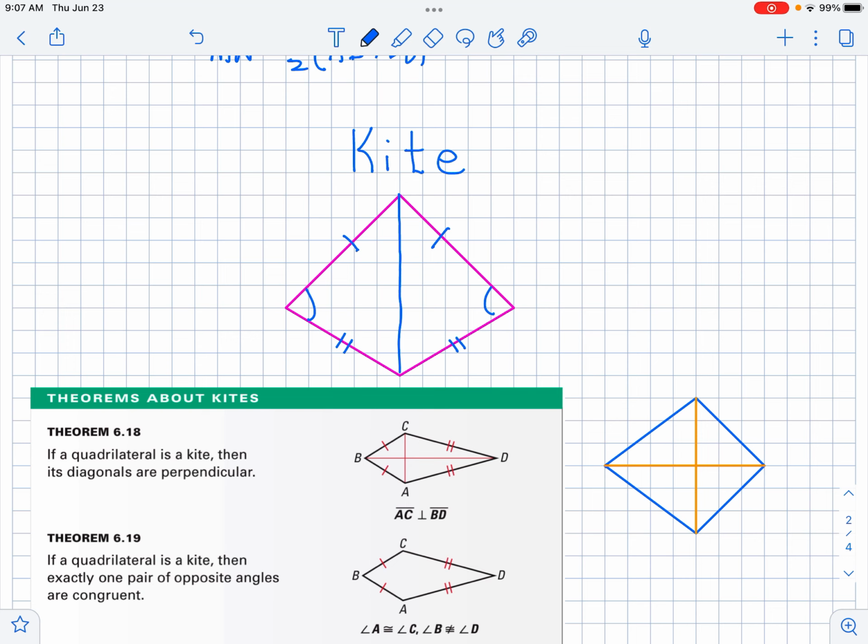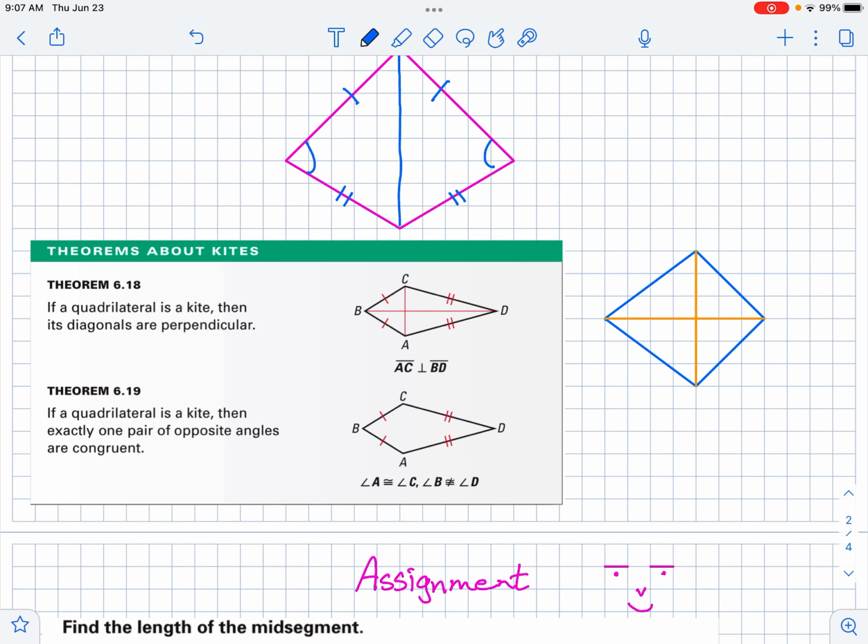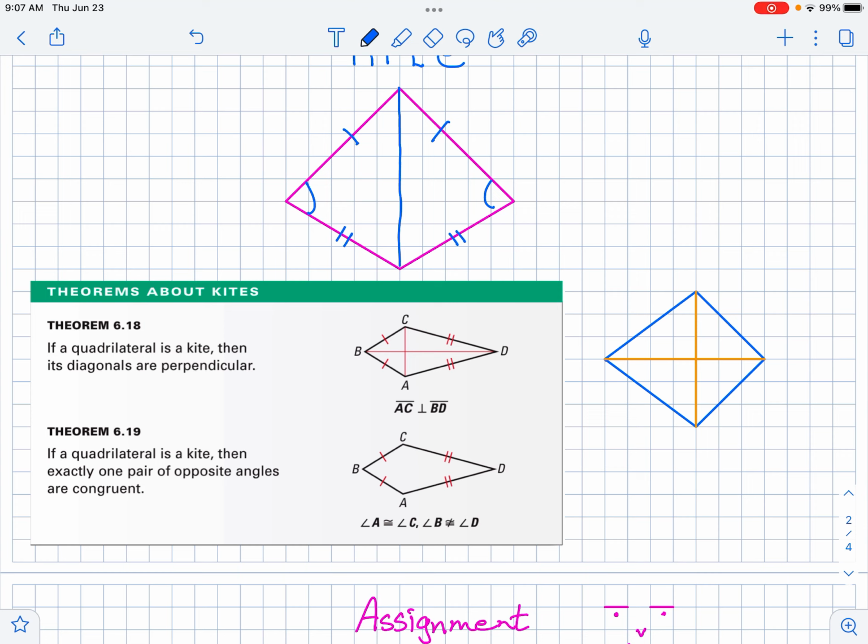Now, with that in mind, let's go down here and look at these theorems. If a quadrilateral is a kite, then its diagonals are perpendicular. So if we drew diagonals down here, one of the things we would find out is that they're perpendicular.